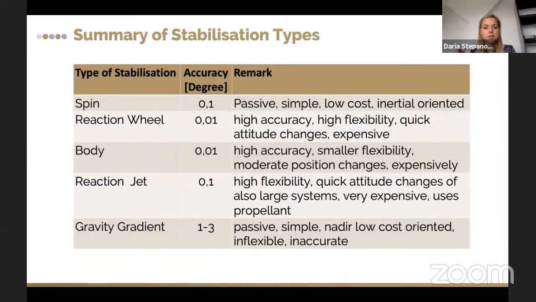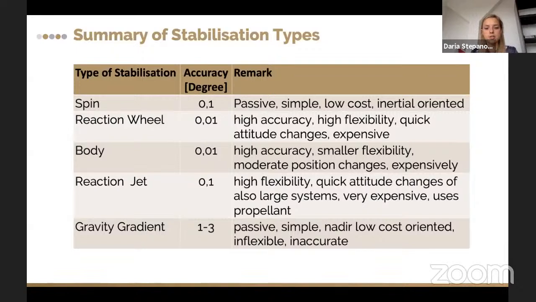For example, spin stabilization is pretty passive, simple, low cost. Reaction wheel-based stabilization has higher accuracy and higher flexibility. It's possible to perform quick attitude changes. However, it's more expensive, and the better jitter and vibrational profiles from reaction wheels are, the more expensive they get.